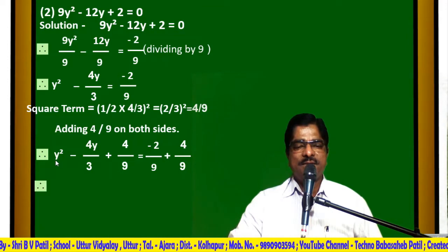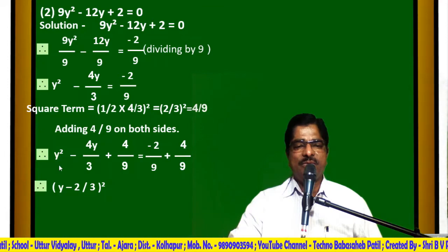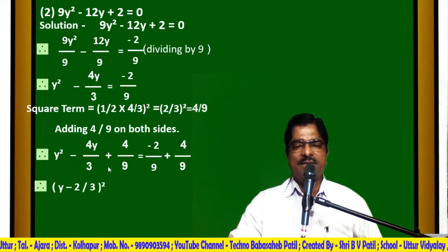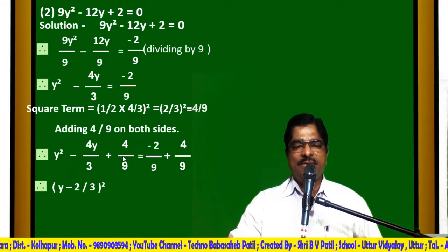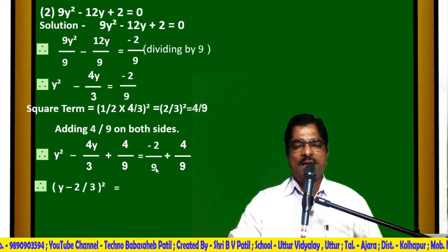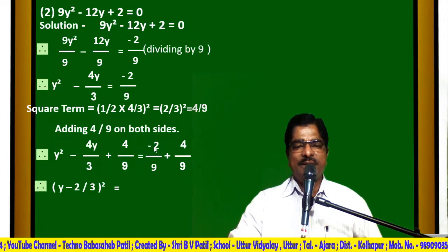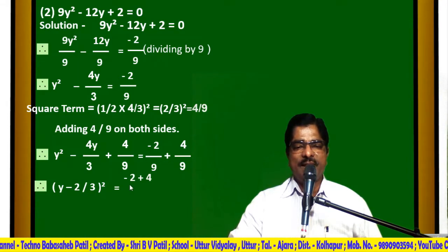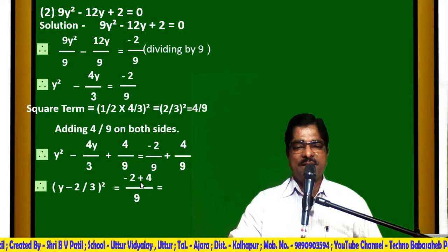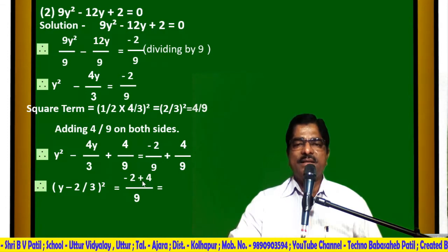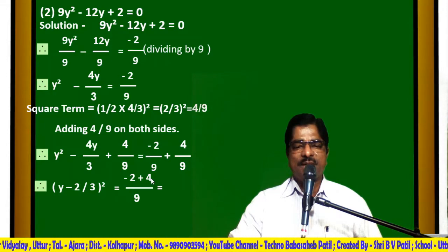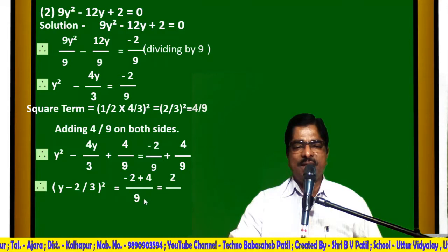That is the root of y square is y, the middle term's minus sign we write here, the root of 4 is 2 divided by the root of 9 which is 3, and its square. The denominator is the same, in the numerator minus 2 plus 4 we write here, divided by the same denominator 9. Here 4 minus 2 is 2 divided by 9.